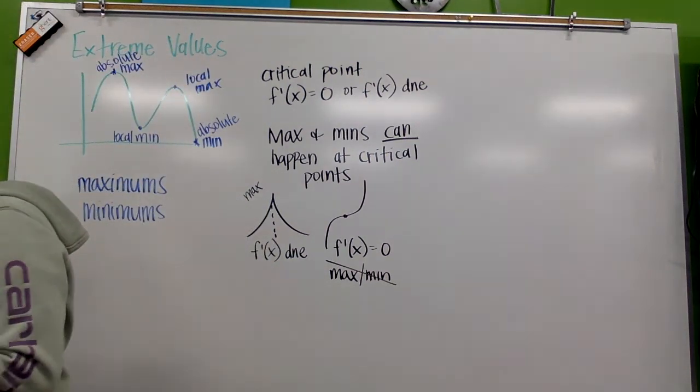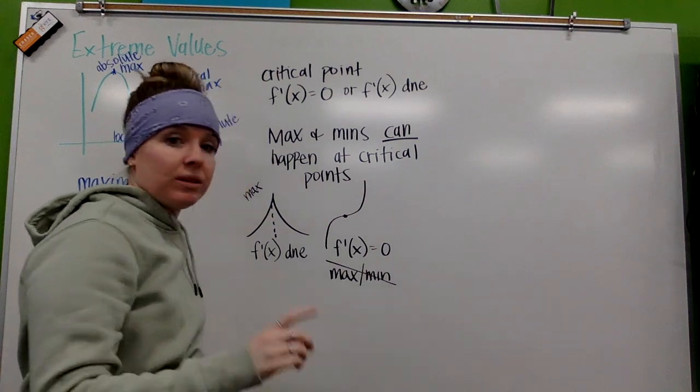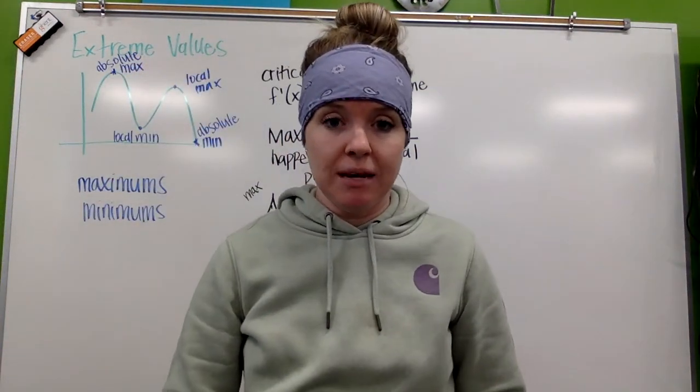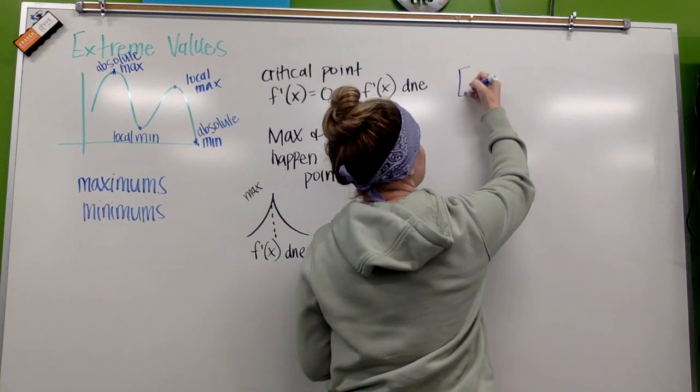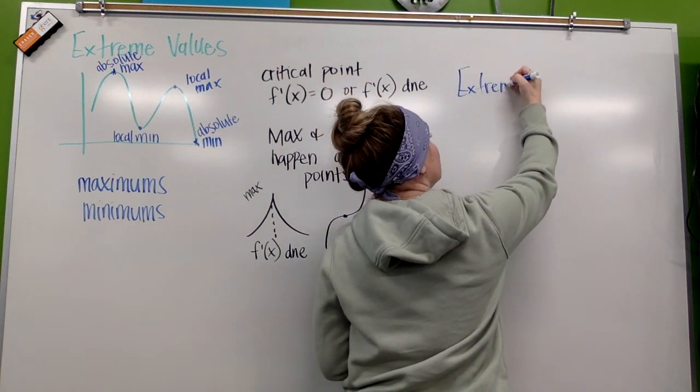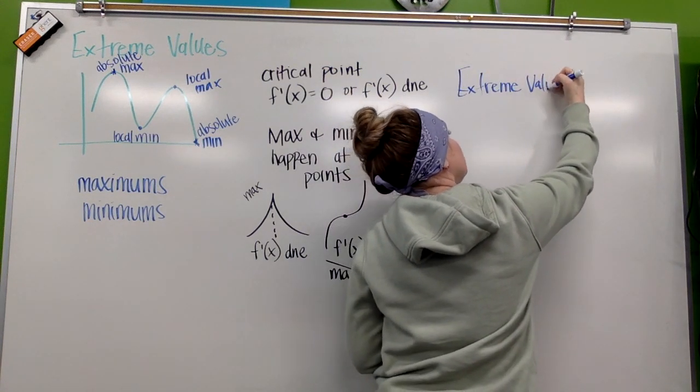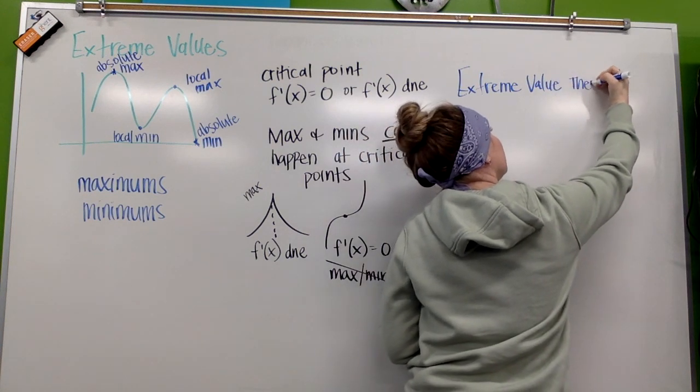Okay, last thing we're going to talk about for this video, and then I'll come back with a second video for some examples just to maintain length, is the Extreme Value Theorem.